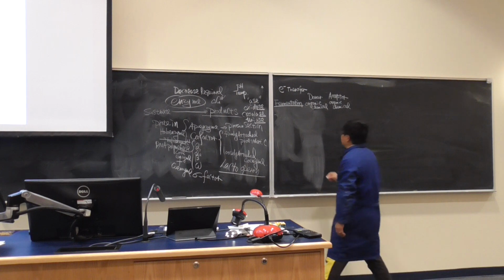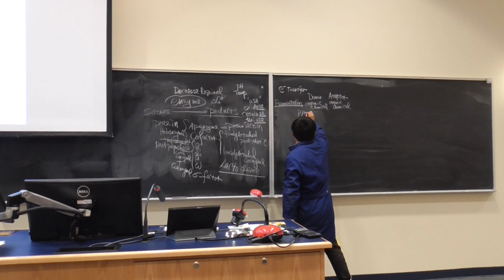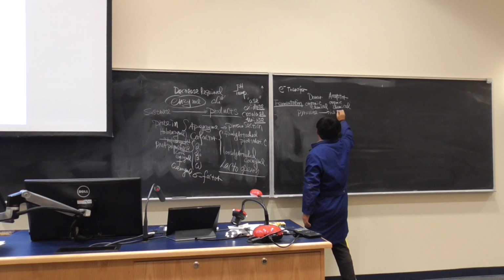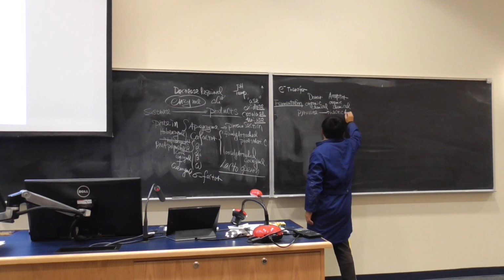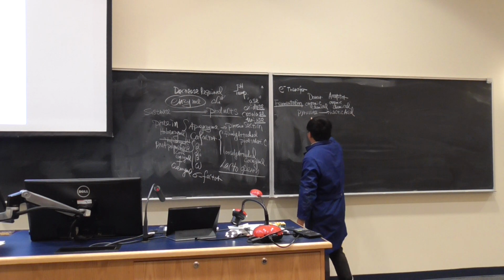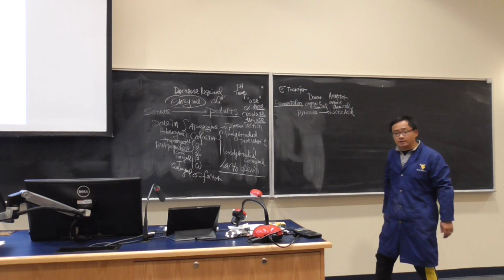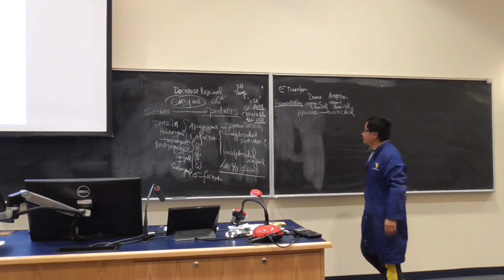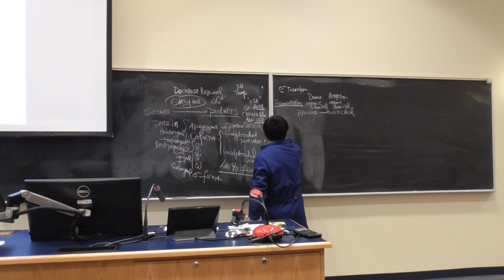Let me give you a very easy example. Pyruvate goes to lactic acid. The electron donor is an organic chemical, and the electron acceptor is an organic chemical. That's the best definition for fermentation. Now the second one is called respiration.